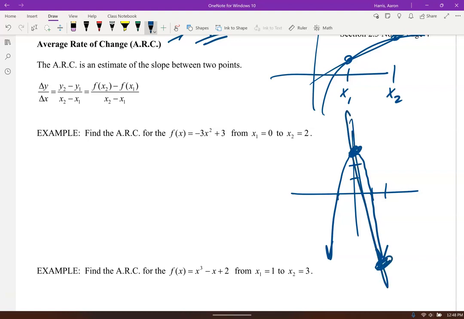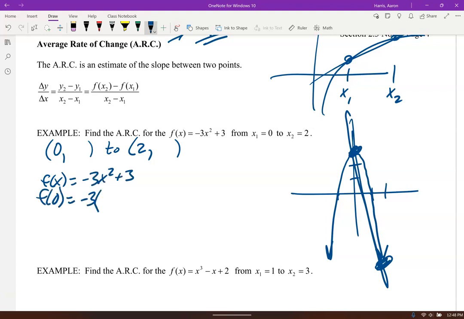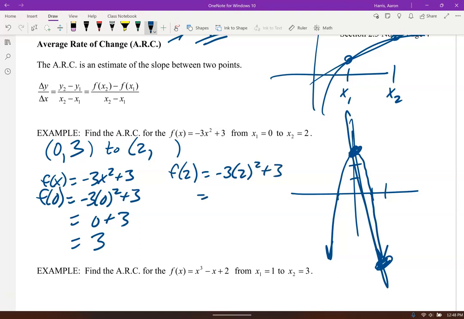So it'll be a negative slope. First, use the x values. They're going from 0 to 2. Those are your x values. Now you have to find the y values. If f of x is negative 3x squared plus 3, if I plug 0 in, I get 3. There's my y value. Now let's do it for the 2. Negative 3 times 4 is negative 12, plus 3, I get negative 9.